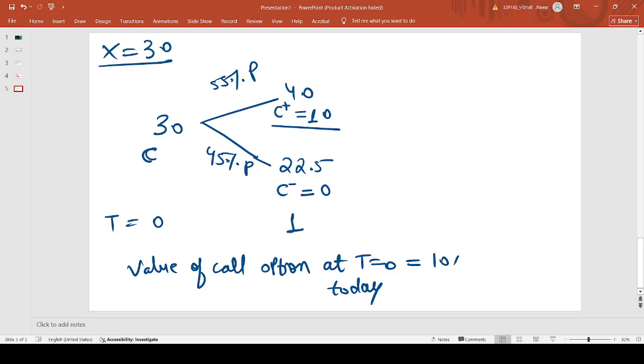So it is 10 into 0.55, plus here it is 0, so 0 into 45%. This gives us 5.5. This is the value of the call option.